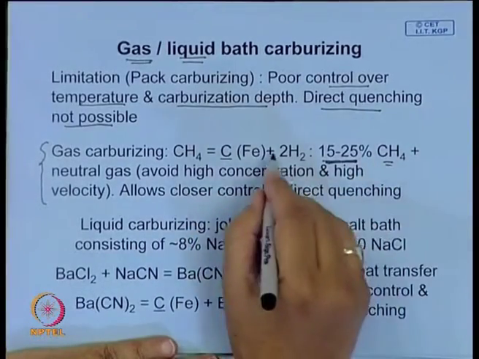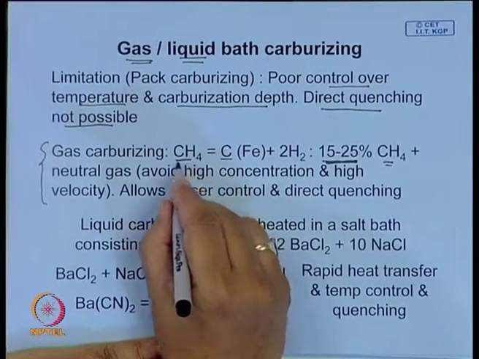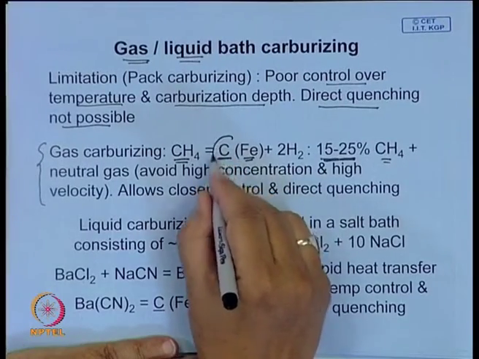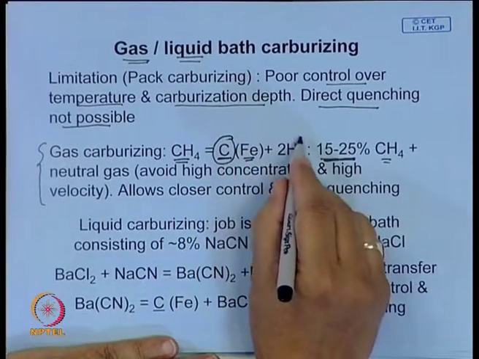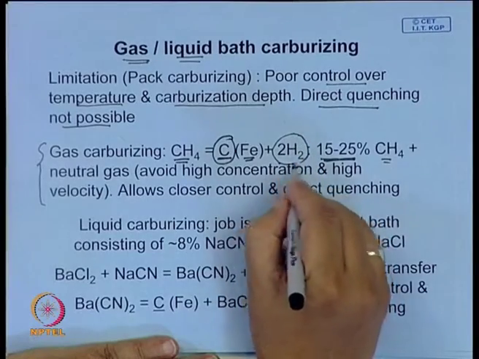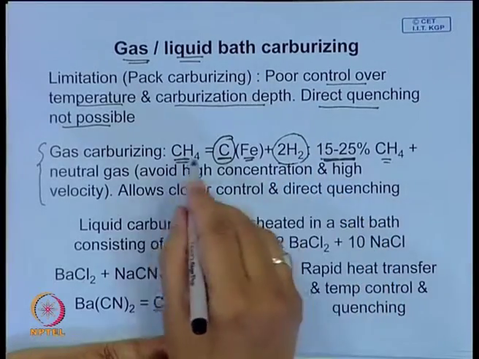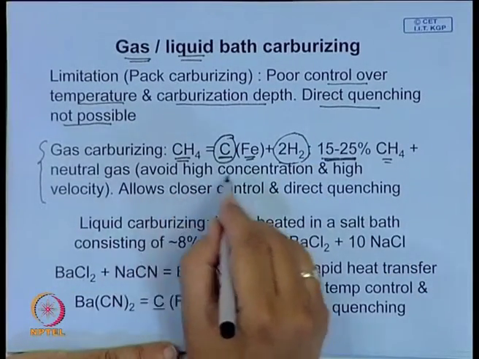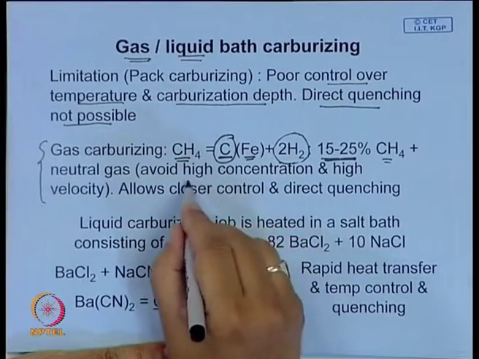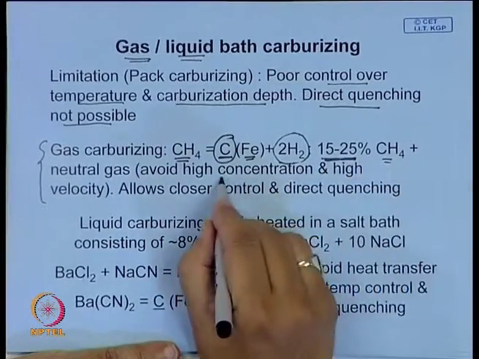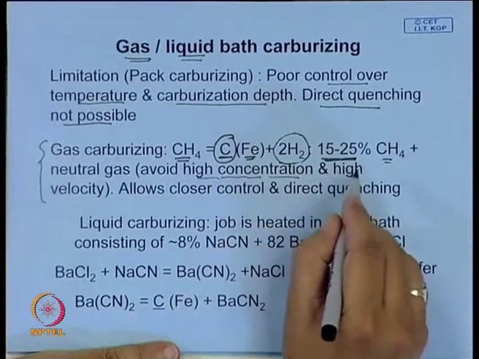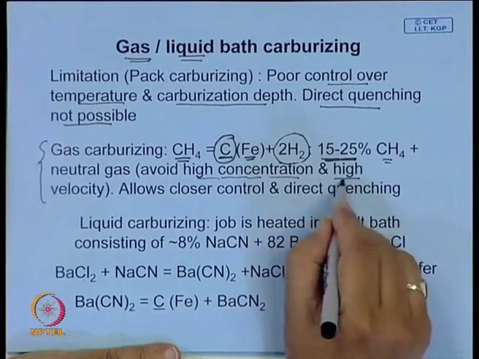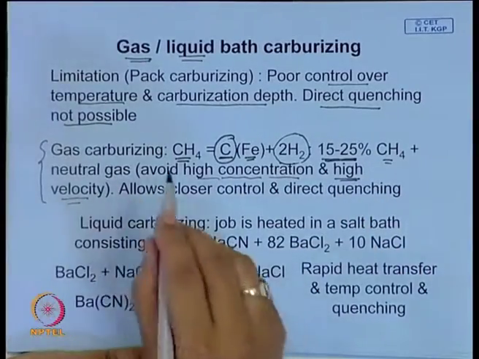So, you can use that, and under this condition methane in the presence of iron cracks, and this is the carbon which deposits, and you also get hydrogen. So, it maintains a reducing atmosphere, it does not oxidize. So, you have good control on the surface quality, but you need to avoid high concentration of the carburizing gas. You should not allow soot formation, and you also have to avoid high velocity, because you have to allow some residence time.